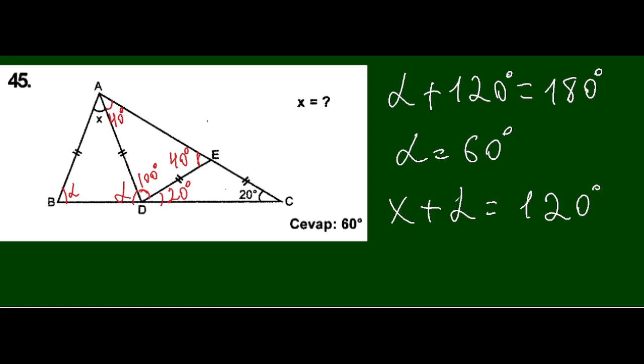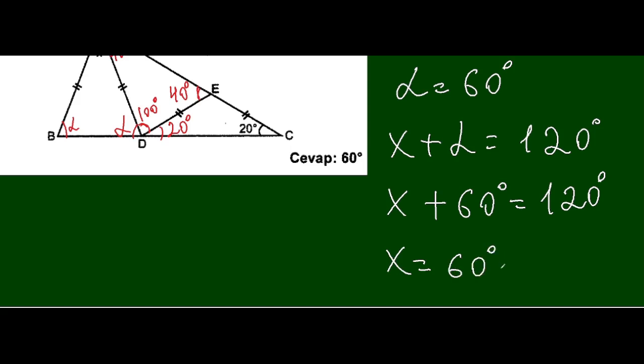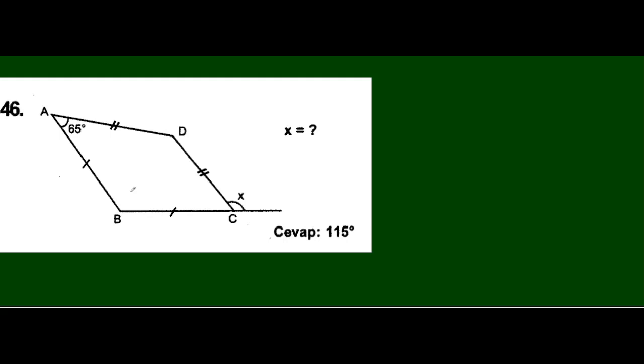The exterior angle, as the secret term is, okay, we can plug it in. X plus 60 degrees has to be 120 degrees. Here x will be 60 degrees, which is the right answer.